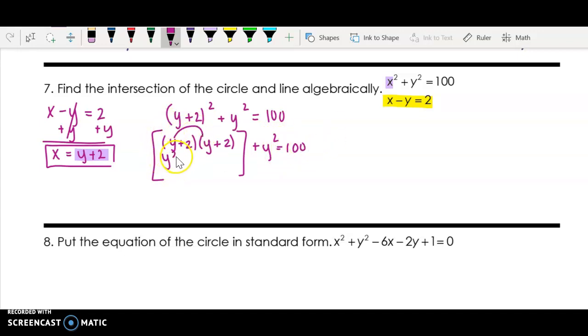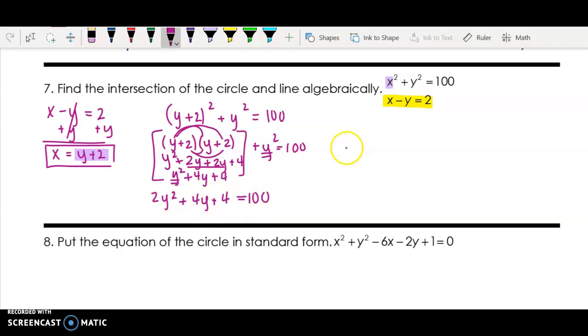That gives me y squared plus 2y plus another 2y plus 4. And then I'll combine these like terms here, so y squared plus 4y plus 4. So I'm going to bring down these other terms, and I see I've got a y squared here and a y squared here. That's 2y squared plus 4y plus 4 equals 100.